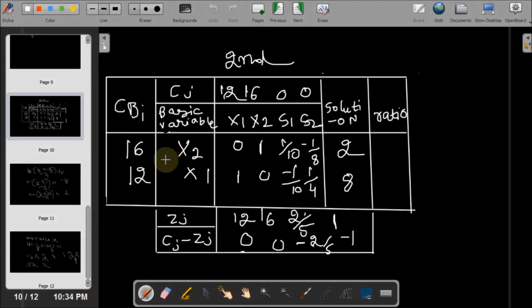So how I found the Z value: 16 into 2 plus 12 into 8. You can calculate that. 16 into 2 plus 12 into 8 will be 128. So my solution is found at x1 is equal to 8, x2 is equal to 2, and Z is equal to 128. Right, guys?